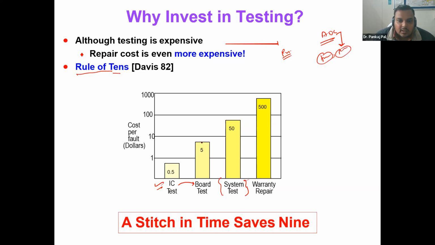The testing cost for finding faults in transistors and resistors is quite easy, while it is a very expensive process to find all the defects in the ADC. That is why we are saying that you first have to do testing at the basic level, and then you go for the next level.